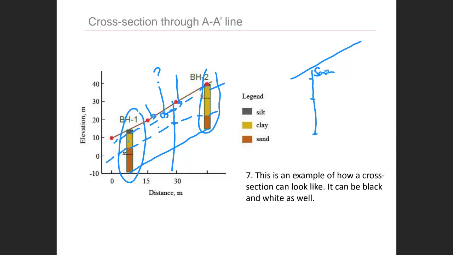It's just an assumption. Maybe it's wrong. Maybe the boundary goes like this. We don't know, because we just need more information. But we just make this assumption. That's why we use this dotted line. So that means the assumption. If you draw this line, then it's definitely there. This one says, well, maybe it's there, maybe not there.